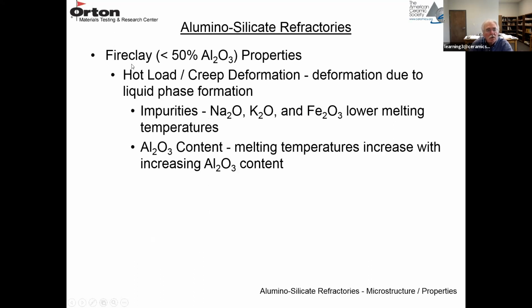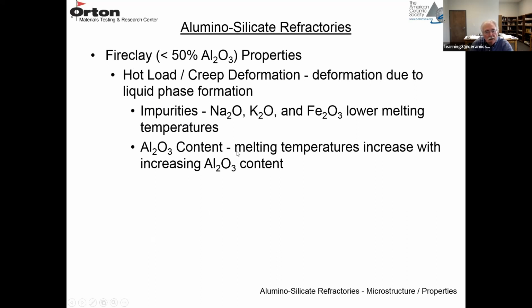So some of the important properties of a fire clay refractory: hot load and creep deformation. The deformation is going to depend on the liquid phase formation. So you have some of your typical impurities, the alkalis, the iron oxides. They're going to lower the melting temperature.